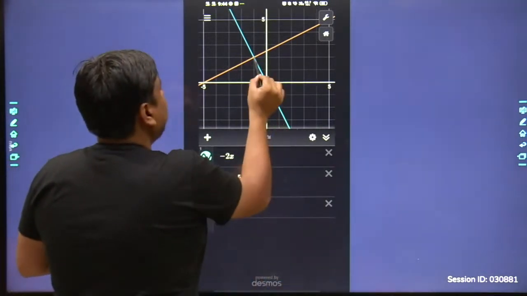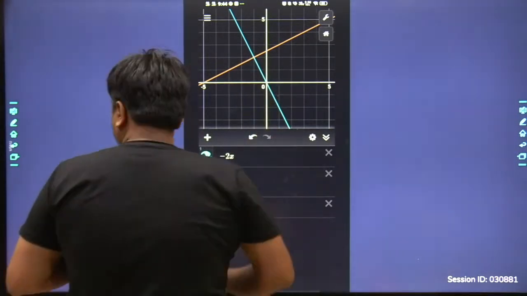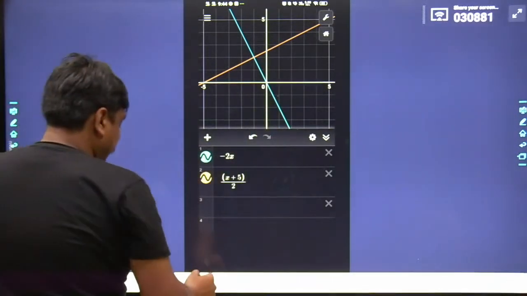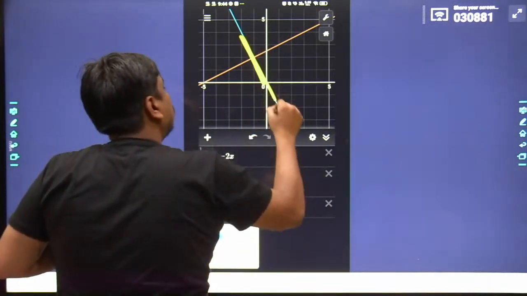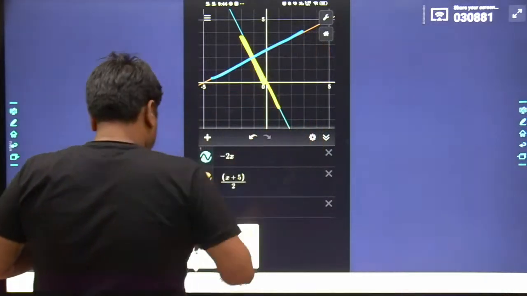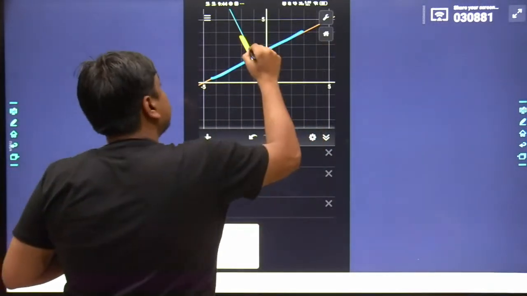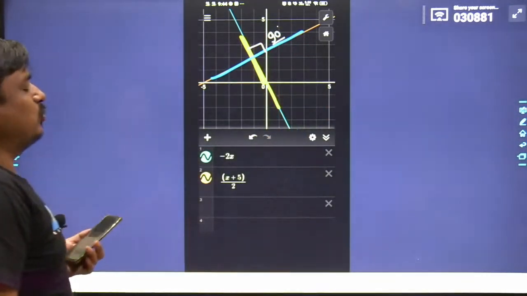Yes, they are perpendicular at this point. This is the first straight line, this is the second straight line, and they are perpendicular to each other, and that is what my need was.